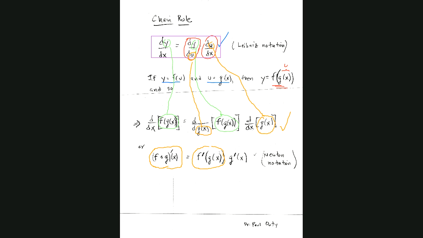This whole thing here is f prime of g of x. And then we have g prime of x. Okay, and so this is the Newton's notation for the chain rule.